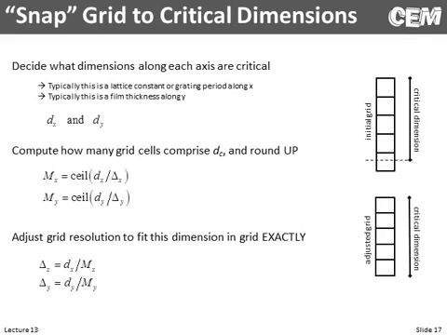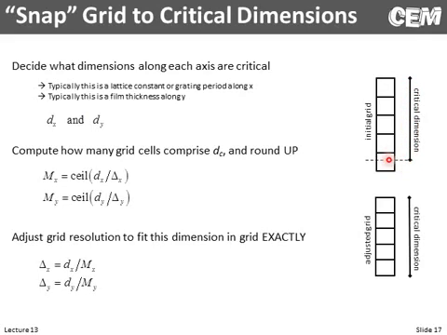The next step, I like to call this snapping the grid to some critical dimension. So suppose from the last slide we calculated a delta X and delta Y, and it would form a grid that looks like this, with just 4 cells vertically through the grid somewhere. But suppose we have a device that has this as a dimension, this vertical line, and we must resolve that as accurately as possible.